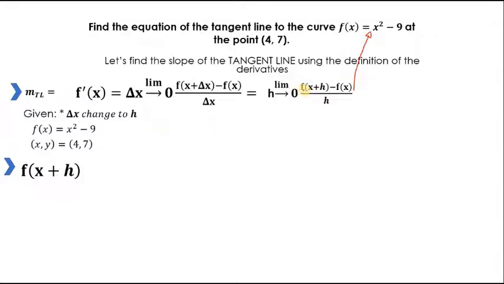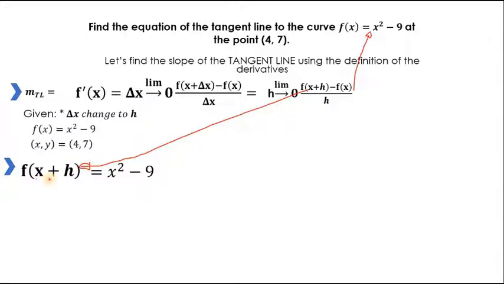But I don't have my f of x plus h. So our goal here is to find my f of x plus h using this one. Of course, I will base that on my original function, x squared minus 9. How are you going to use that one? Simply evaluating a function.